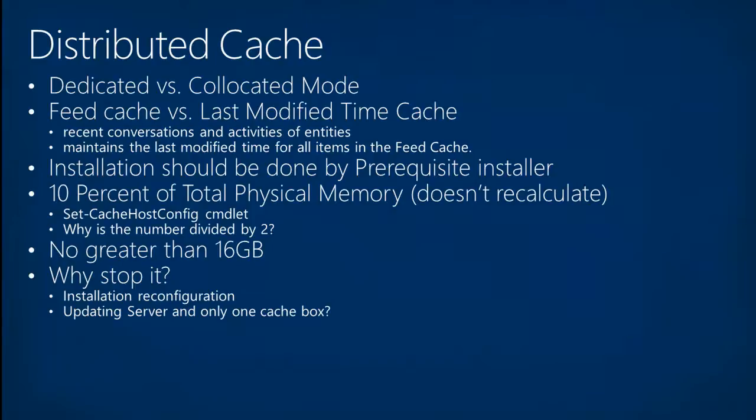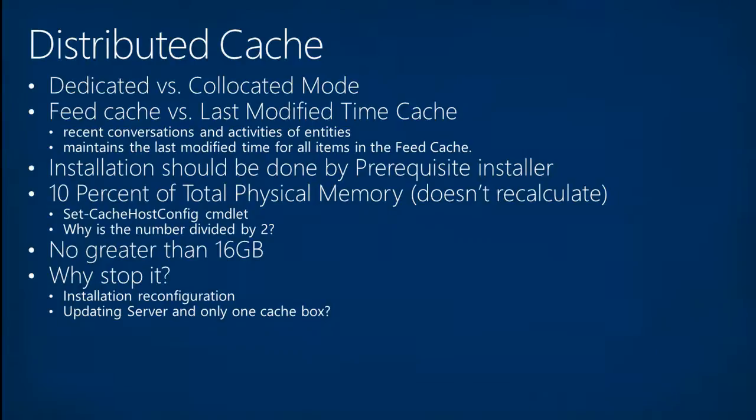And that lowers the memory requirements on the front ends that are actually serving requests and allows us to put the focus there. Now that feed cache and that last modified time cache I mentioned are going to have the recent conversations and they're going to have the activities of all the different entities that are collected from that social data. And again, all the times, like the last time it was modified, all those dates we'll maintain in that cache as well.